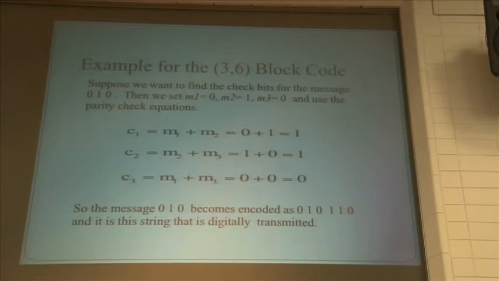Okay. Calculating our check bits. So we have the original message, 0, 1, 0. That means the first letter in our message, M1, is 0. The second letter in our message is 1, and the third letter in our message is the 0. There's M1, M2, M3. Right? Plugging into the formula from the previous slide.